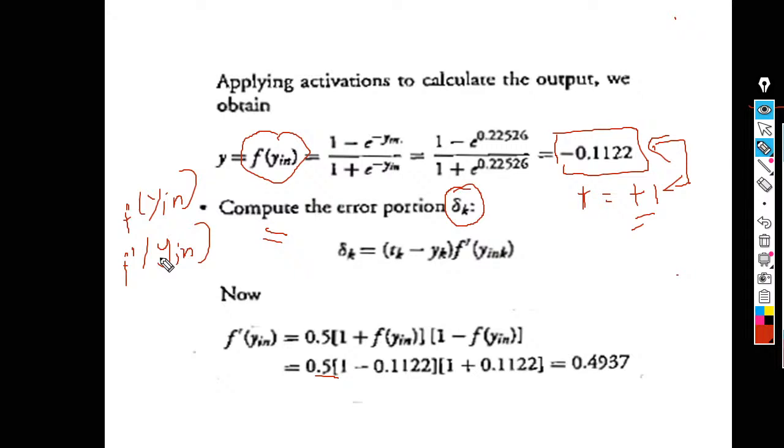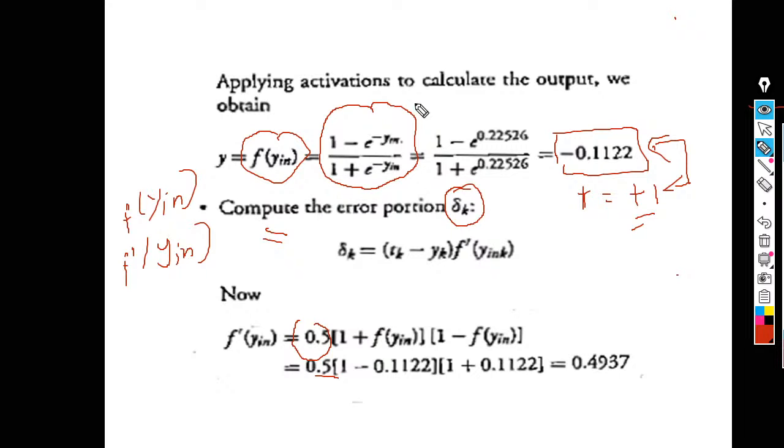How can we get this? We can get it with this particular formula: 0.5 multiplied by 1 plus f of y in, into 1 minus f of y in. Why did we get this expression? Because this is the bipolar sigmoidal function. If you take its derivative, you will get 0.5 times 1 plus f of y in times 1 minus f of y in.